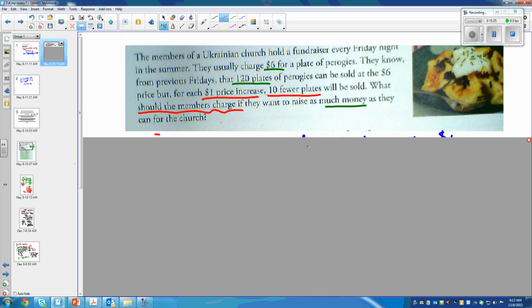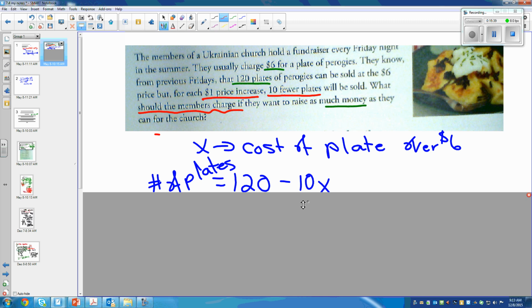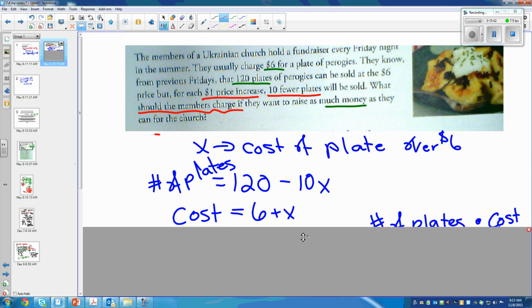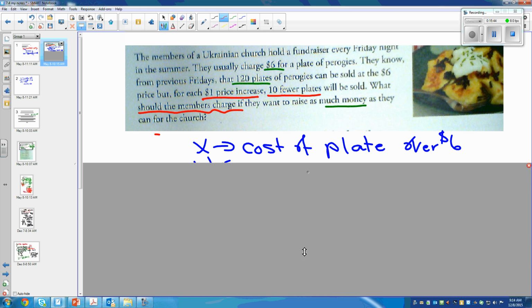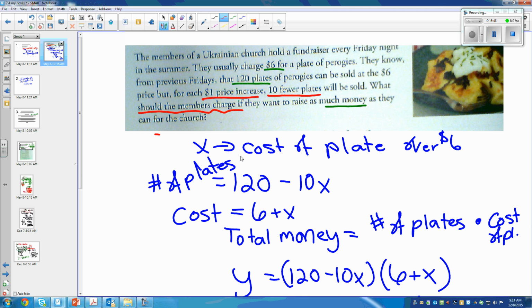How do you figure out how much money the church makes? You take the price per plate and you times it by how many plates sold. Good. Okay. So we take the price per plate and we times it by, I just want to erase all this. Can I erase this for you guys?